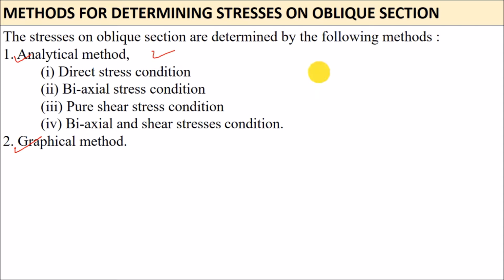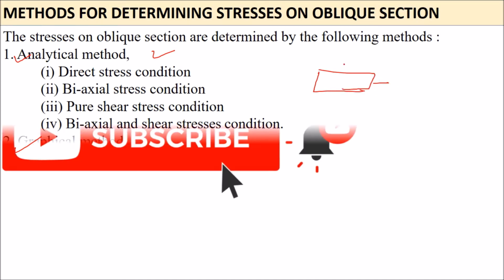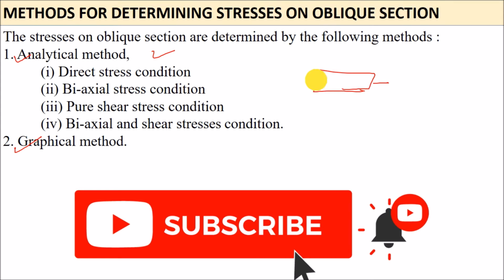First one is the direct stress condition, where only one stress is working, and we should solve the problem for a plane which is at theta angle. Second, biaxial stress condition, where sigma x and sigma y are working.